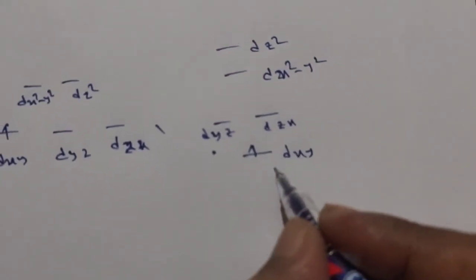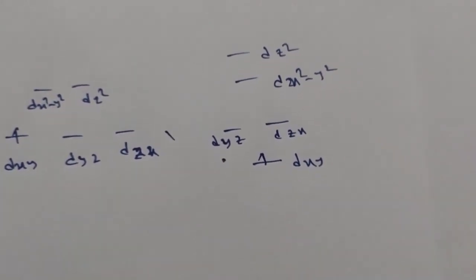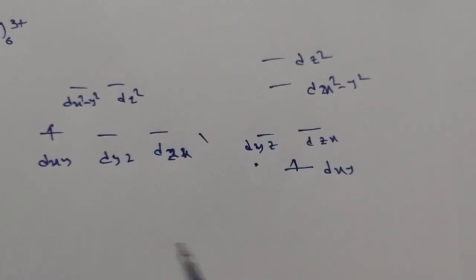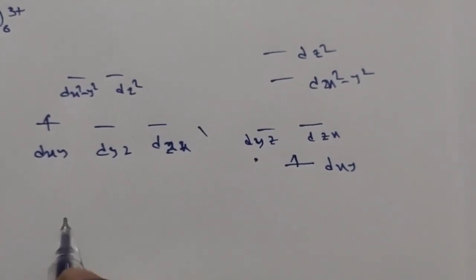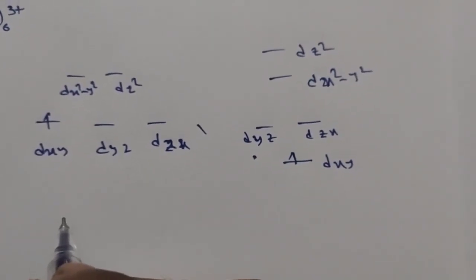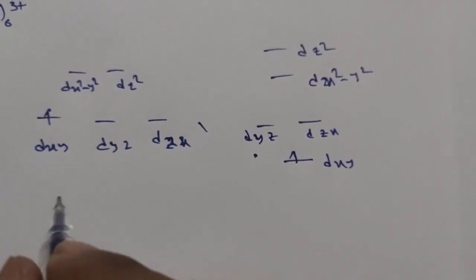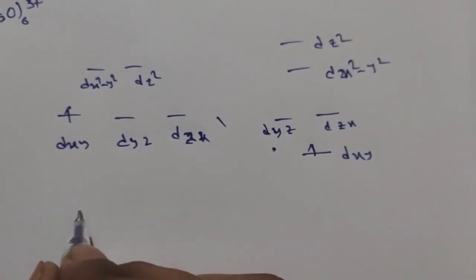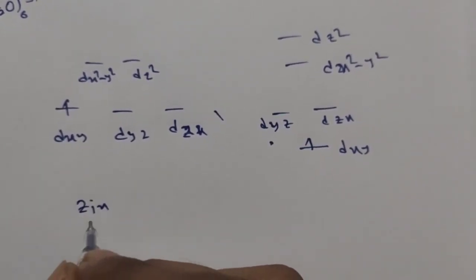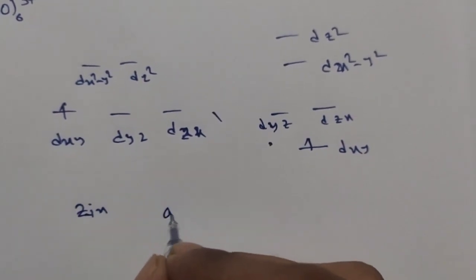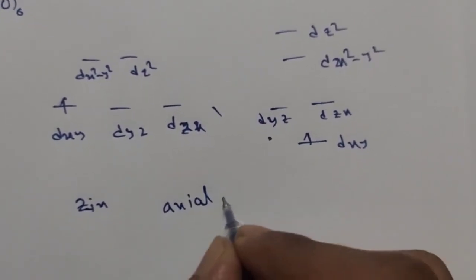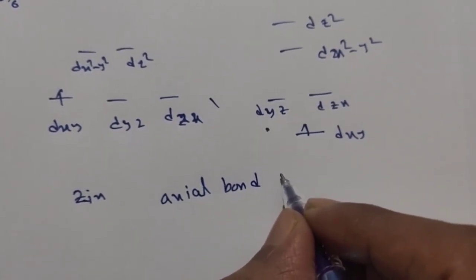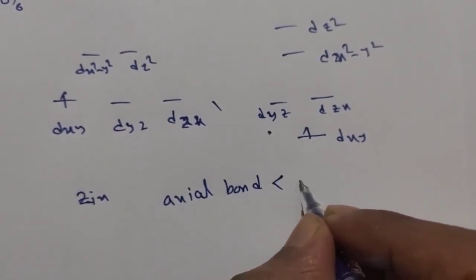Since the electron is in the xy plane, the bond length along the axial bonds, which are along the z axis, will be shorter than the equatorial bonds. So here we will see the Z in effect, where the axial bond length is shorter than the equatorial one.